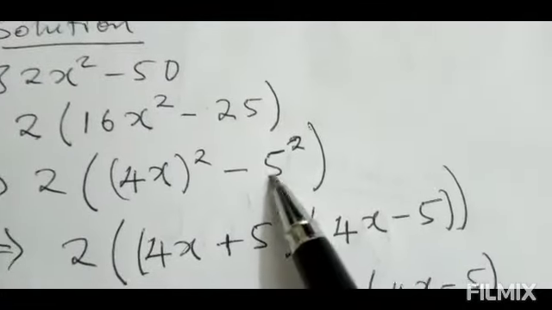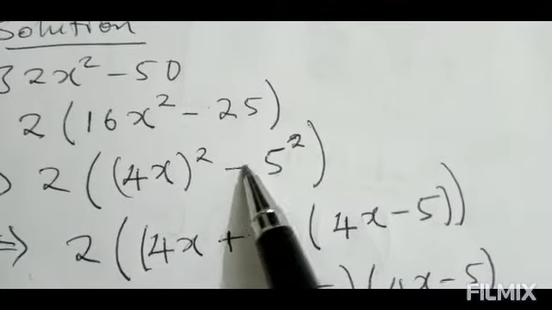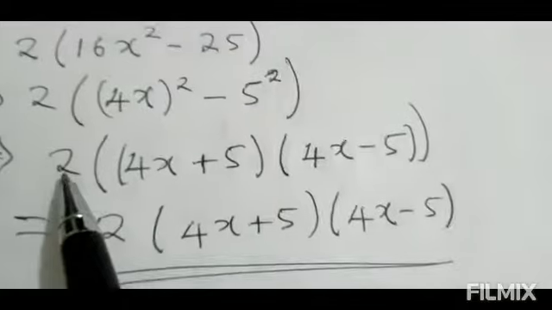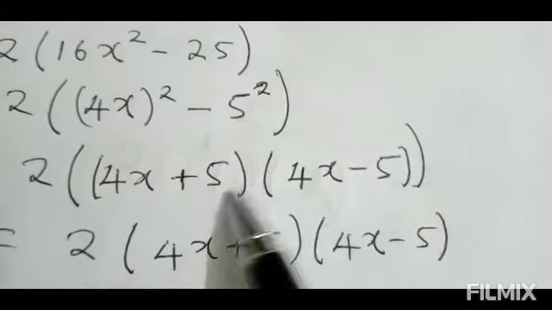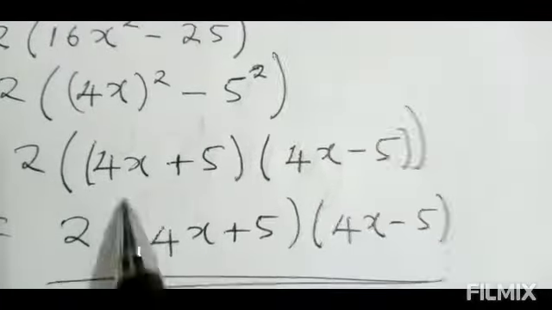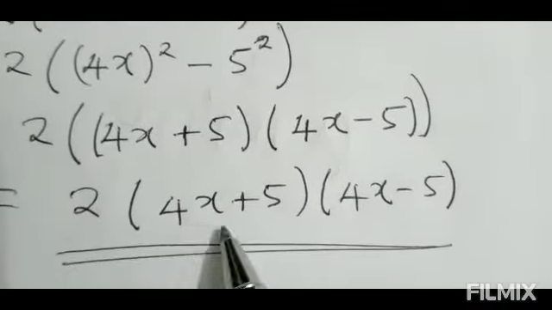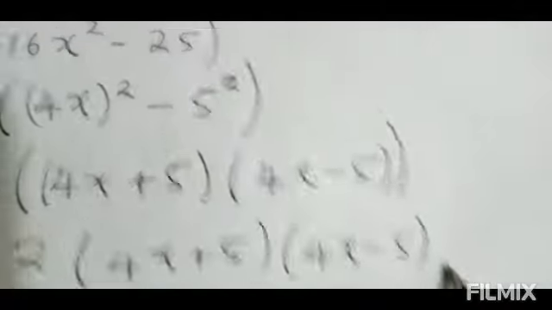Then 5 squared will give us 25, okay? I've done nothing to the sign so that we can do difference of squares. So 2 brackets 4x plus 5, brackets 4x minus 5, okay? Our simplest form of factorization is 2 brackets 4x plus 5 brackets 4x minus 5, okay?